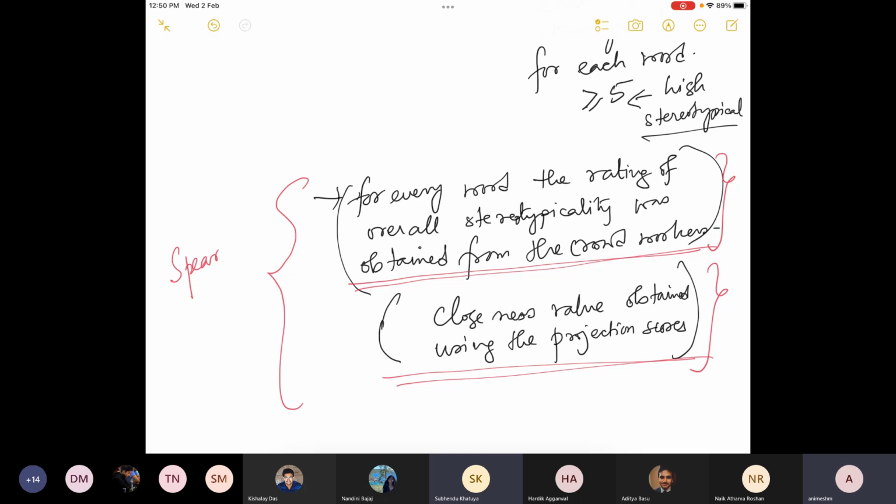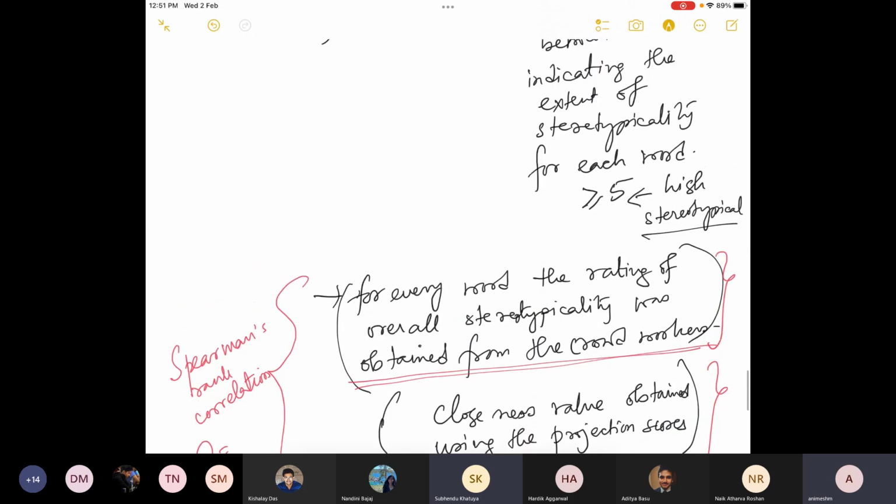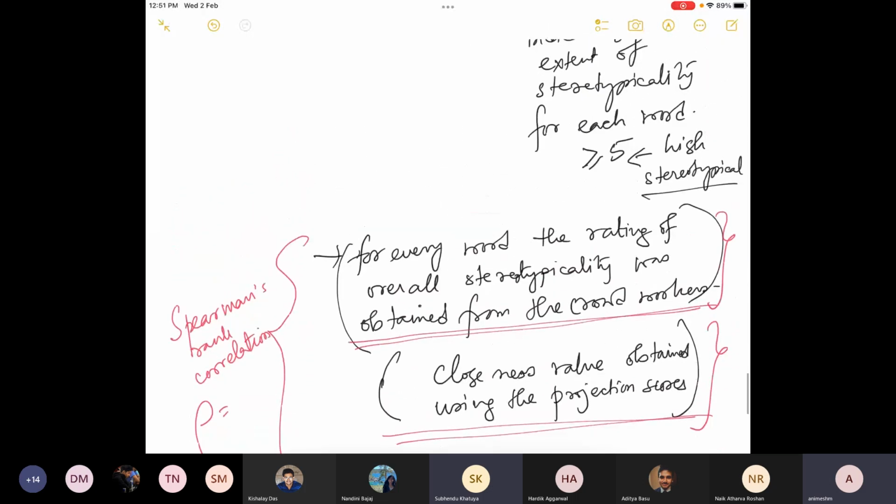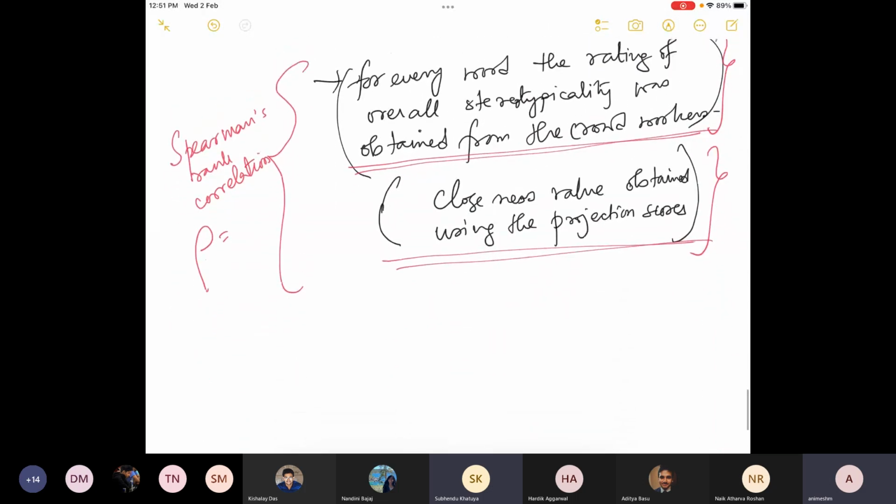And now you take a Spearman's rank correlation. For the set of occupation words that the authors were testing upon, this came out to be 0.51.